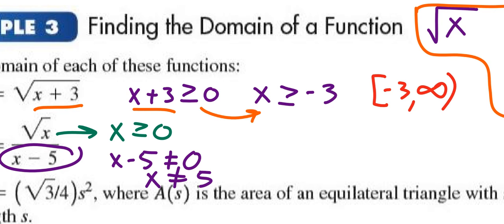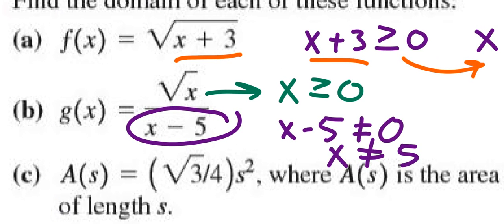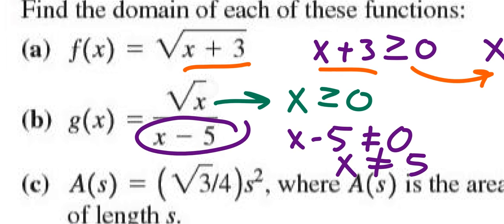Well, what's going on in the next example? There's two things going on. You've got radical x over x minus 5. We've got a square root in the top, and we know that the part under the radical has to be greater than or equal to 0.